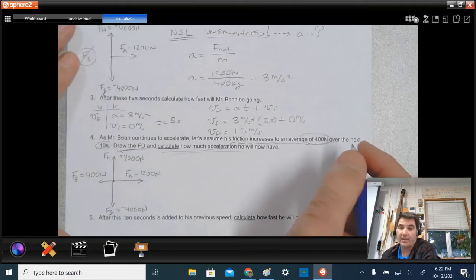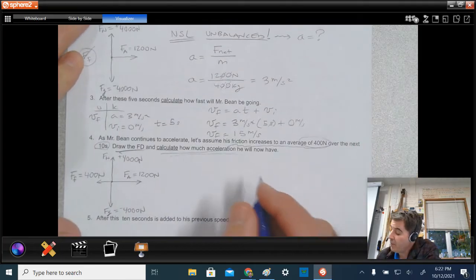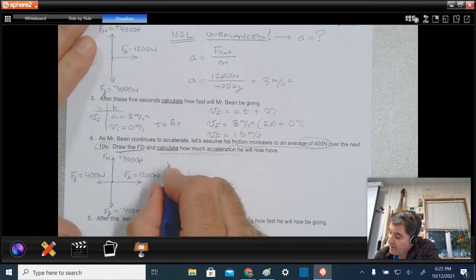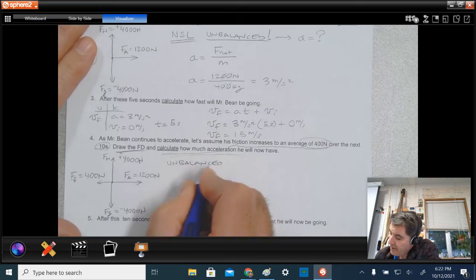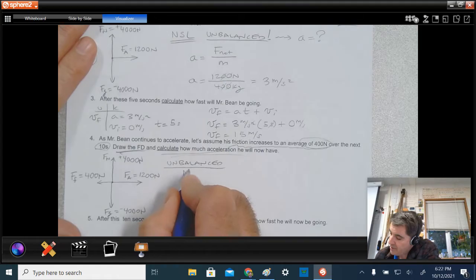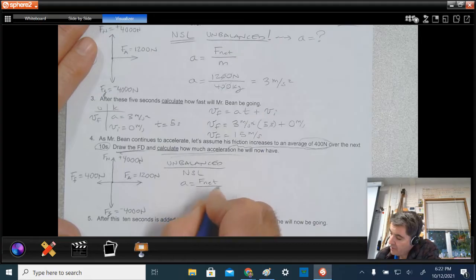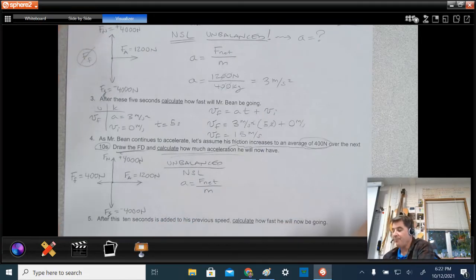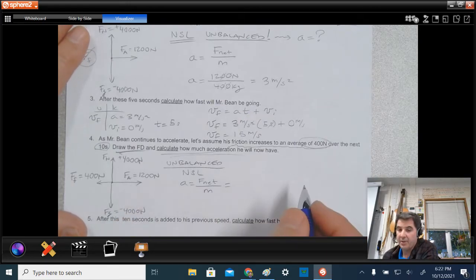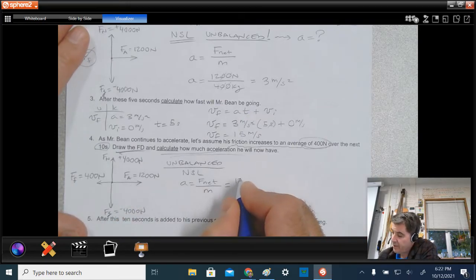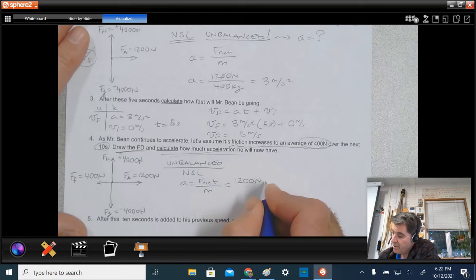So now calculate how much acceleration he will have. Once again, this is unbalanced, and unbalanced means that it's Newton's second law, which means he is going to accelerate according to this formula. So my net force in this case isn't going to be 1,200 newtons. It's going to be 1,200 newtons minus 400 newtons.